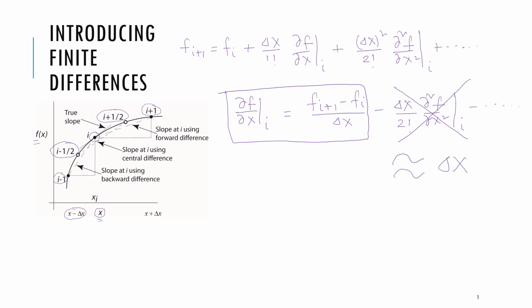So we say that this approximation of derivative is of the order of delta x raised to the power 1, which means it's first order accurate. And we'll see that there are other ways of doing derivatives.